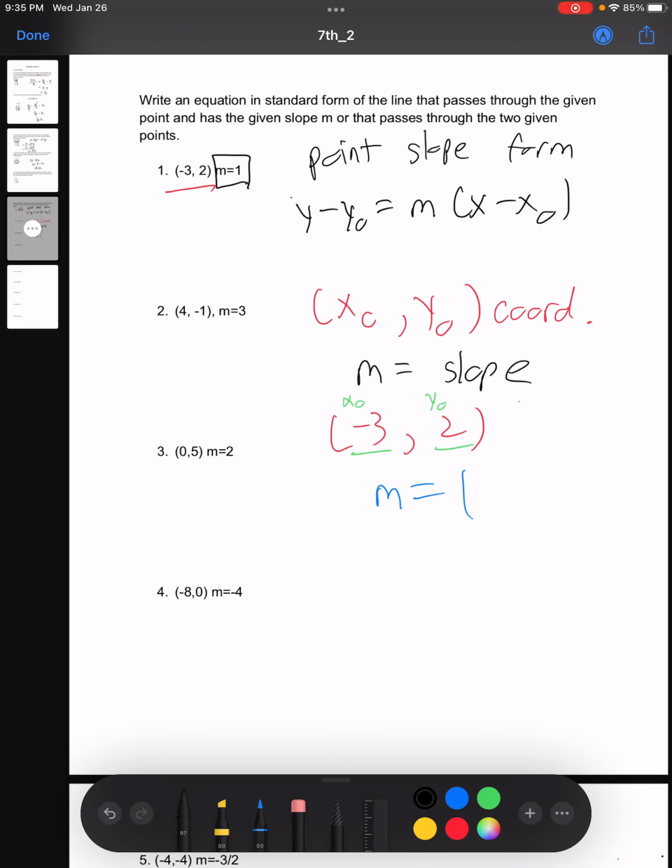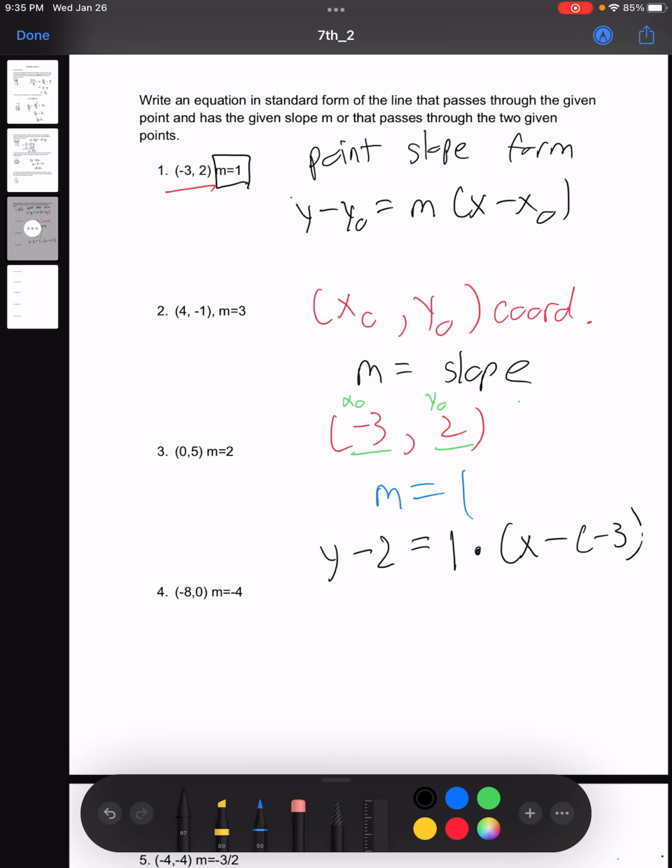All we need to do is take this information and plug it into our point slope equation. So it's y minus y0, which would just be 2, is equal to our slope, or m, which is just 1, times x minus x0, which would just be -3. So we subtract -3.